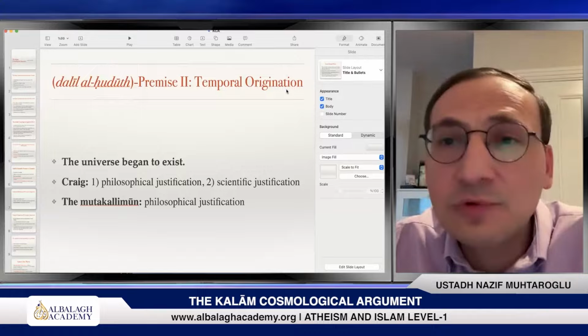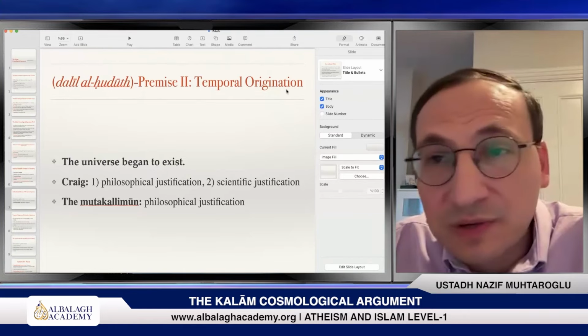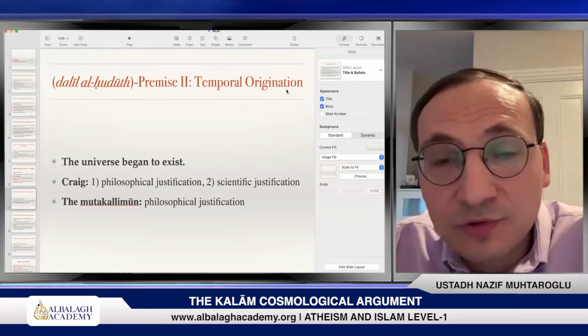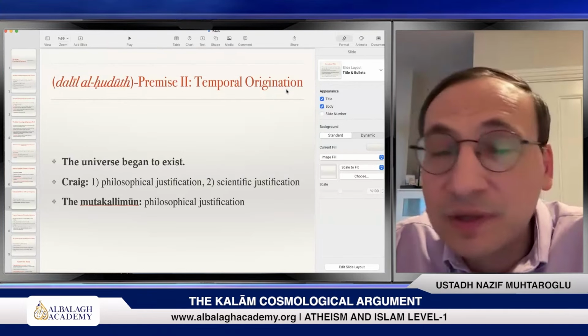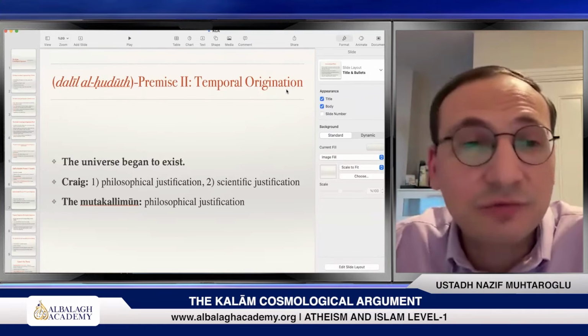And the Mutakallimun here don't justify this premise by some kind of scientific or observational justification, but they also appeal to philosophical, a priori justification.